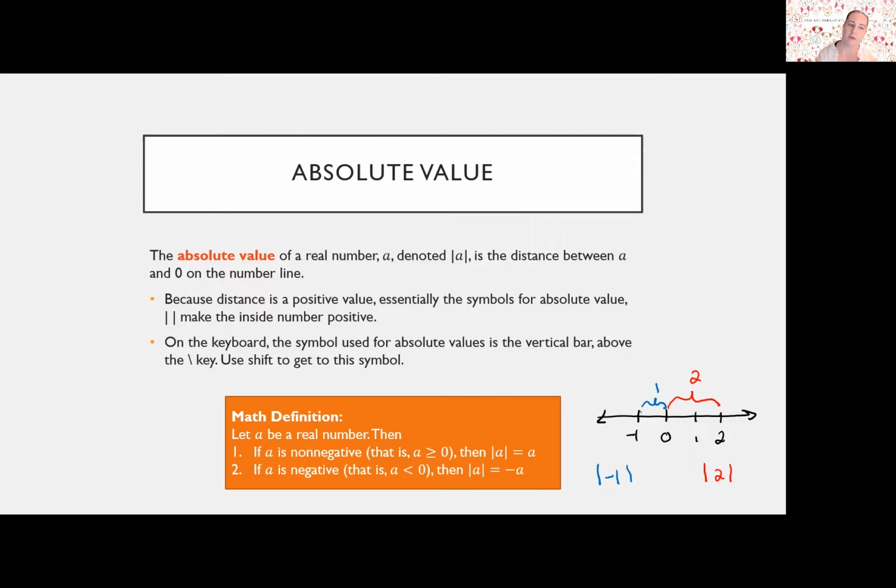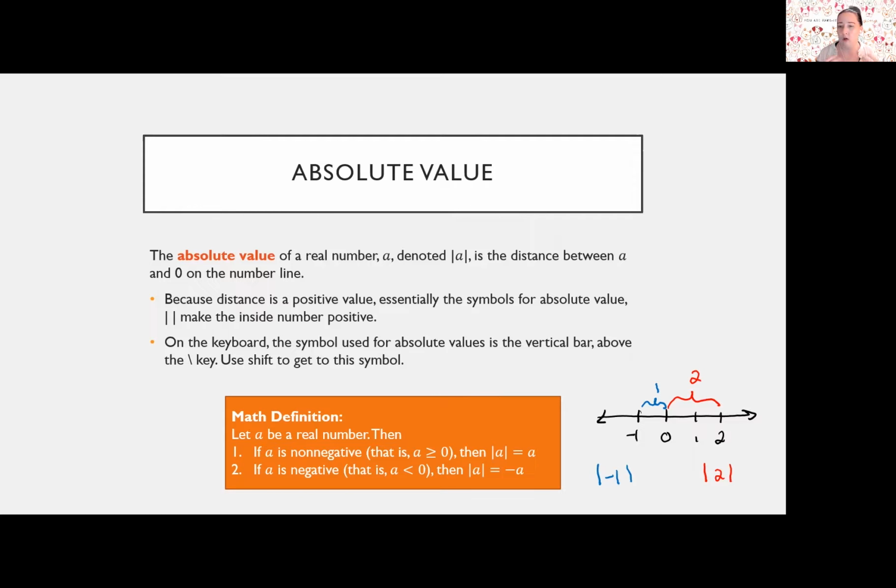So the absolute value of -1 is equal to 1. So distance is always a positive value. So when it's asking for the distance, it's basically saying whatever this number is, because every number is compared from 0, make it positive. So the absolute value makes things positive.